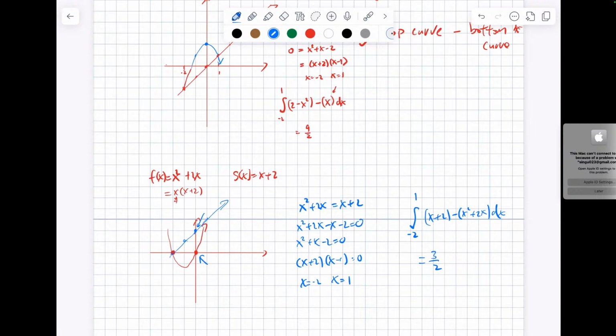For your purpose, I don't want you to do it by hand, but you should know how to do it by hand. Because I don't have a lot of time, I would rather you focus on your setup. The AP exam is going to focus on your setup, because they give you a point for setup. We don't have too much time to go over how to evaluate this, but just make sure you have parentheses when you type it in.